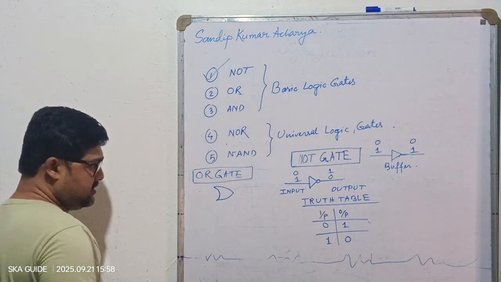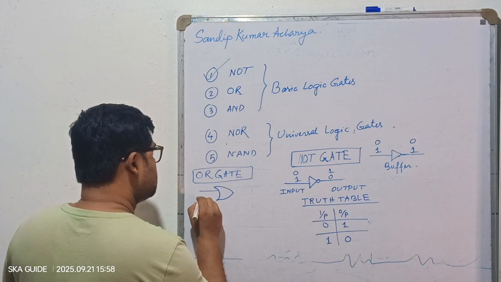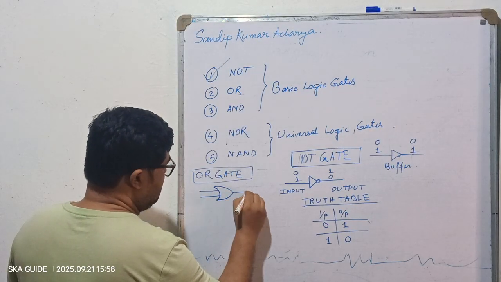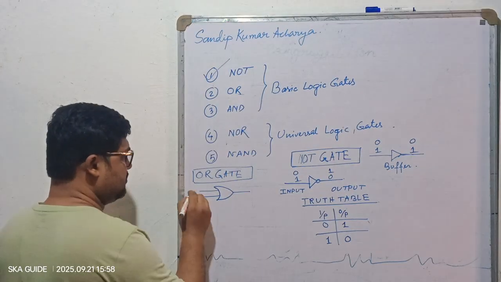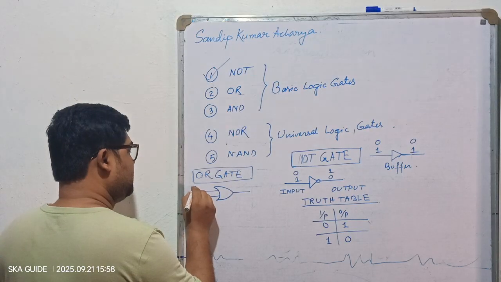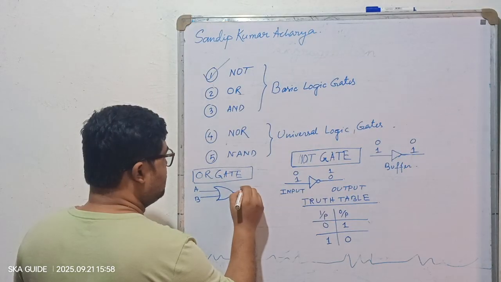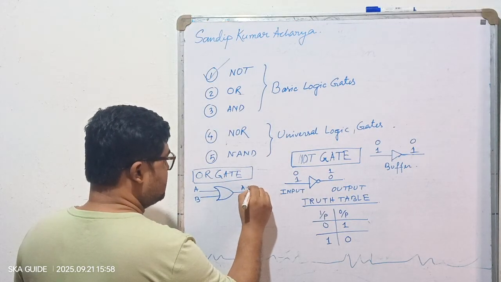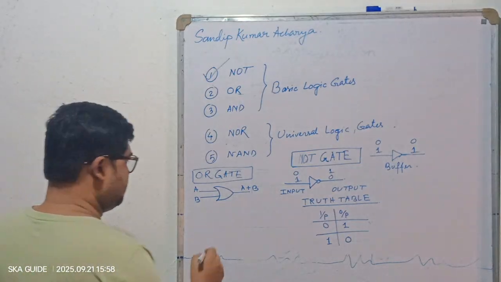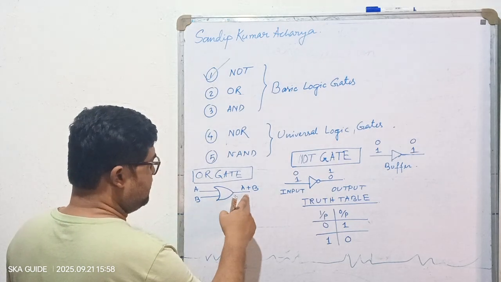This is an almost arrow shaped diagram. These are the two inputs and this is the one output. So if we say A and B are the two inputs, then the output will be A plus B.